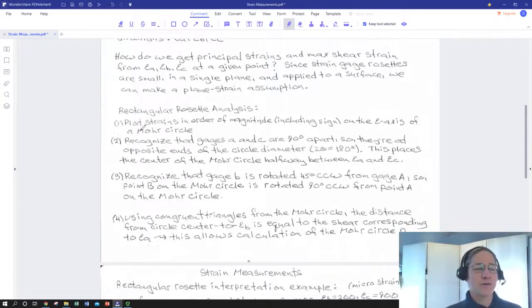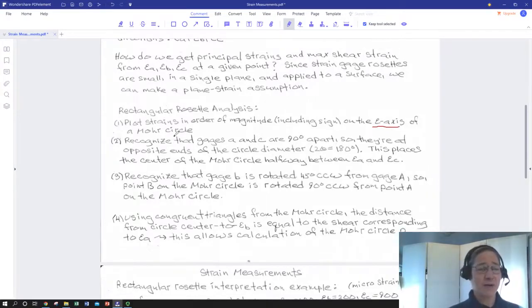So the first thing we'll do is take whatever data we got off of our gauges and plot them in order of magnitude on the horizontal axis. That's the epsilon axis of the Mohr circle. They're only normal strains. There is no shear associated with those as plotted. So we're going to plot them as they are, right on the horizontal axis.